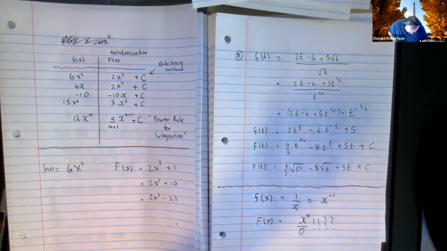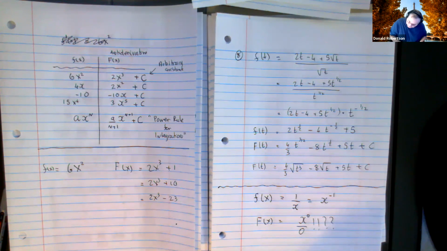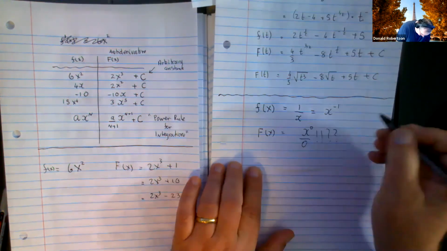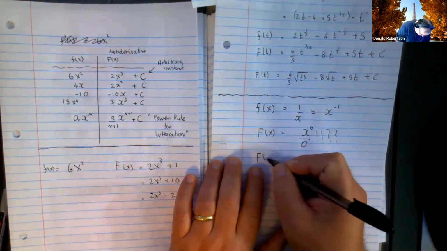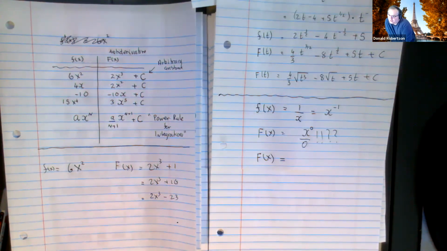So what on earth is the antiderivative of this guy? There must be a function, right, that if I differentiated it, I would get 1 over x. And yes, there is. But you just have to know it.